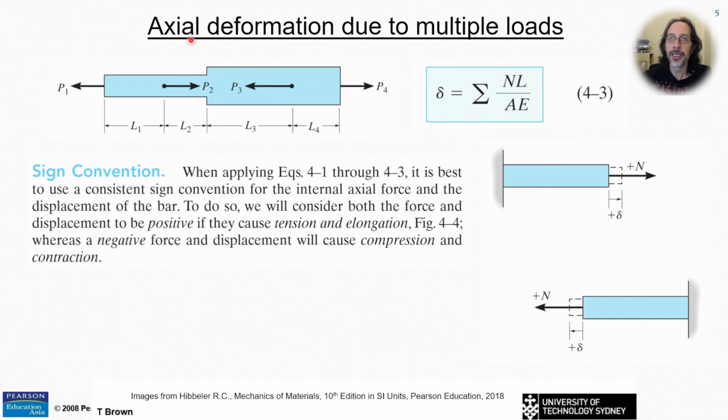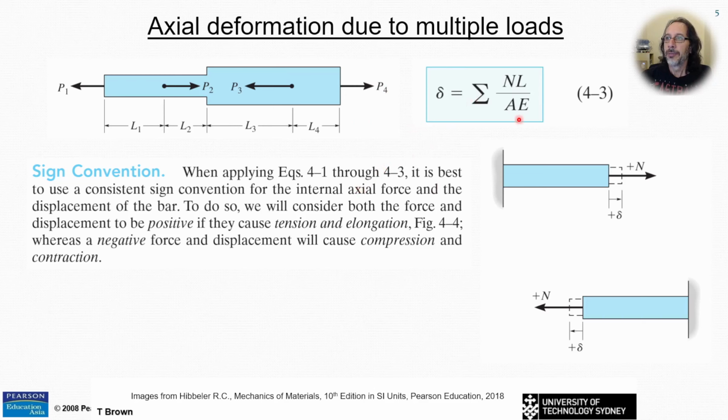So we need to do our method of sections like we did for stress. Imagine we take a cut through here, imagine we take a cut through here, and we work out the internal force. Previously I said when we calculate stress, try not to think about stress as force over area, where force is an external load like this P4 here. Rather, think of stress as N over A, where N is the internal normal force.